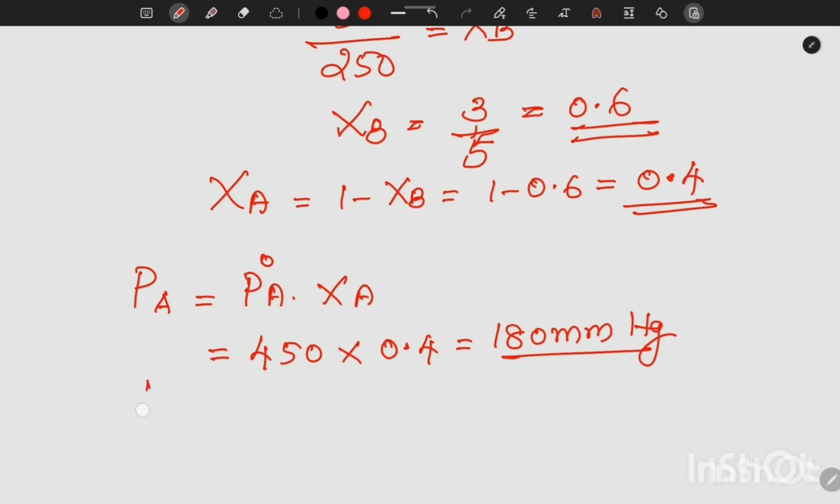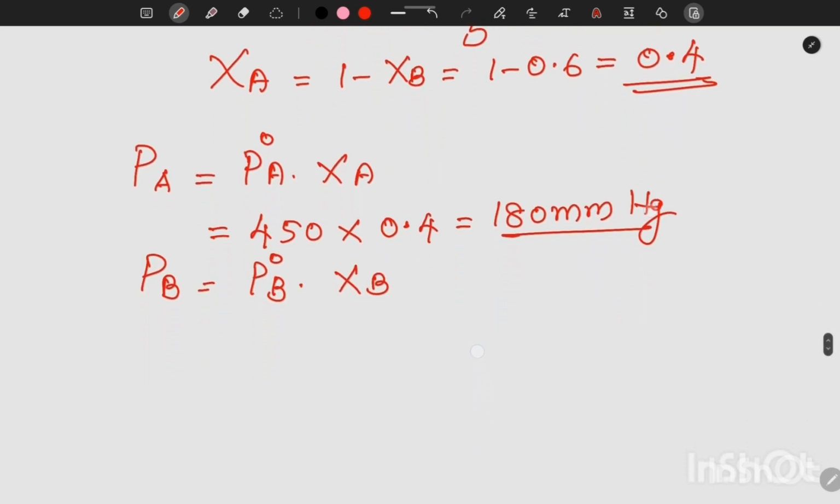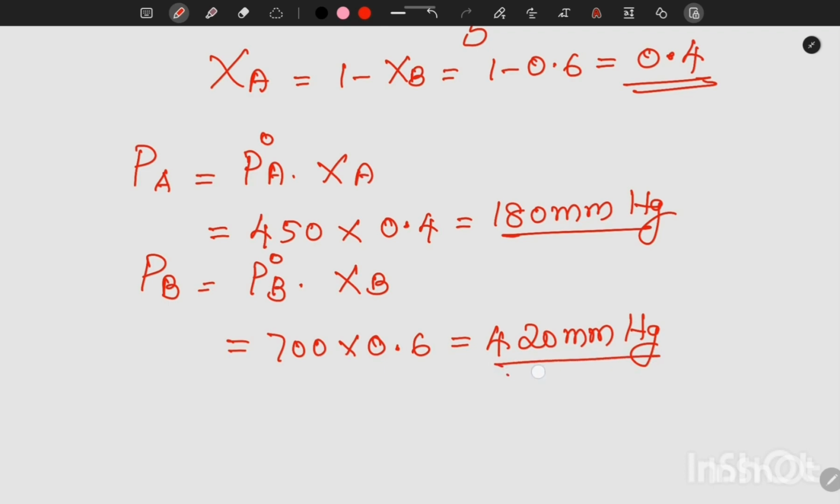Similarly, we can do for PB also, second component. PB is equal to P0B chi B. Now P0B is 700 and chi B is 0.6. So when you multiply, you will get 420 millimeter mercury. Now we got the pressures of the individual component.